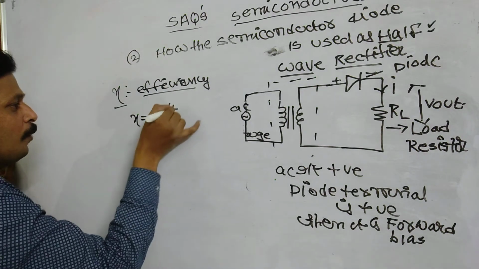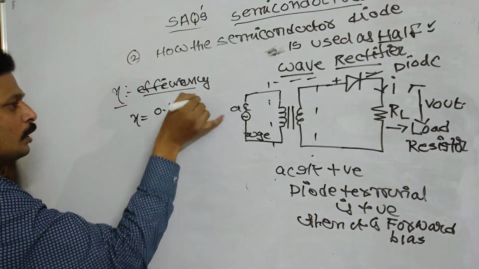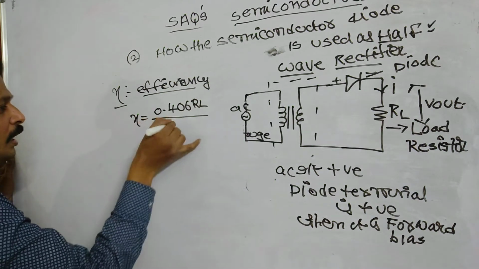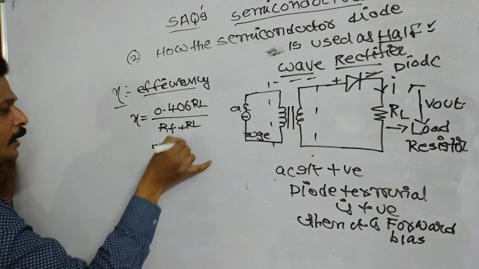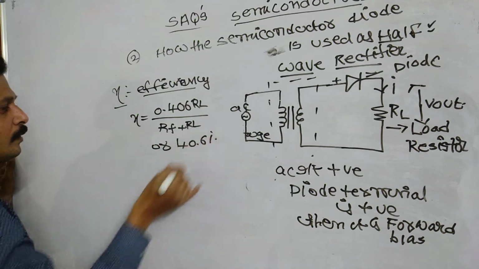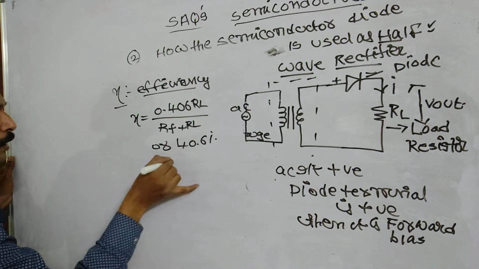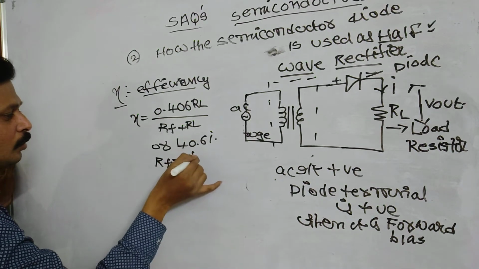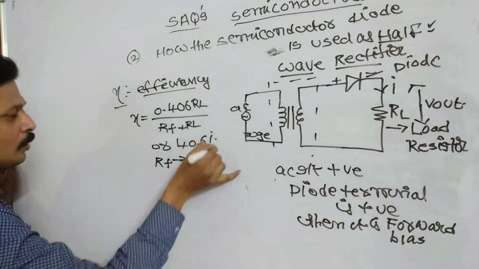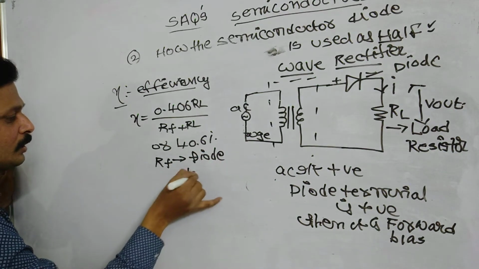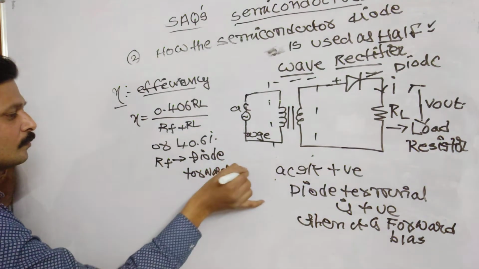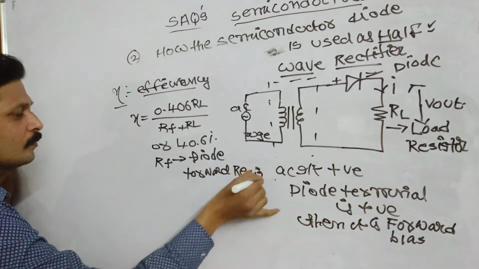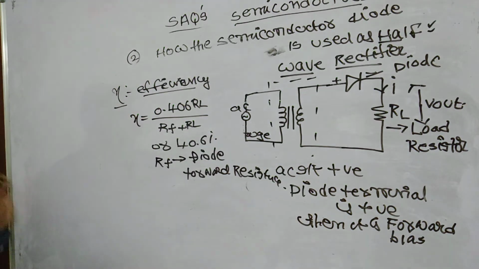It is 0.406 RL divided by RF plus RL, or 40.6%. RF means what? Diode forward bias resistance, the diode forward resistance. These are the points I have to present in the answer.